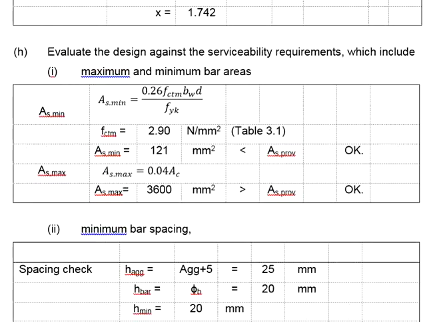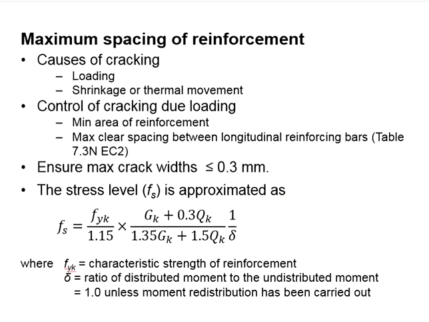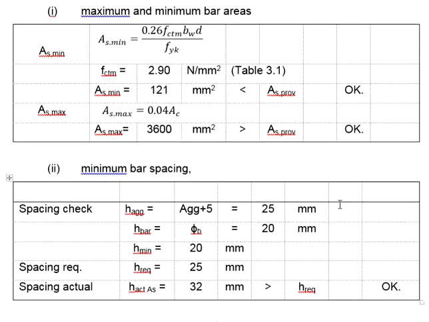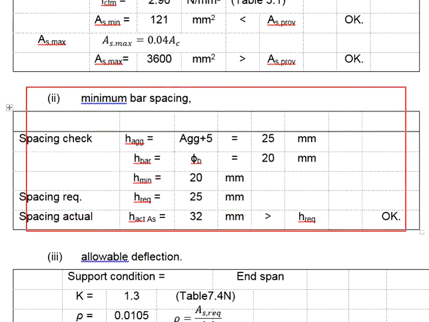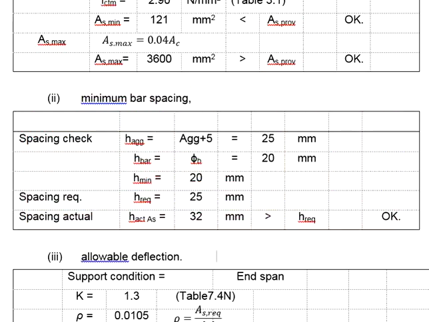For a typical beam, especially when the cross-sectional area is relatively small, maximum bar spacing is not an issue. You will have issue with minimum bar spacing. That's why the questions for the beam normally will ask you about the minimum bar spacing.